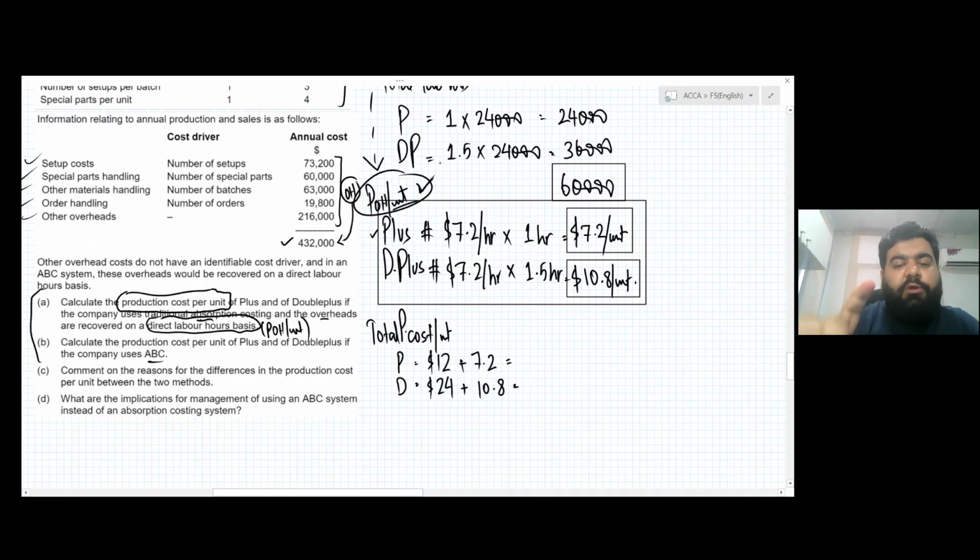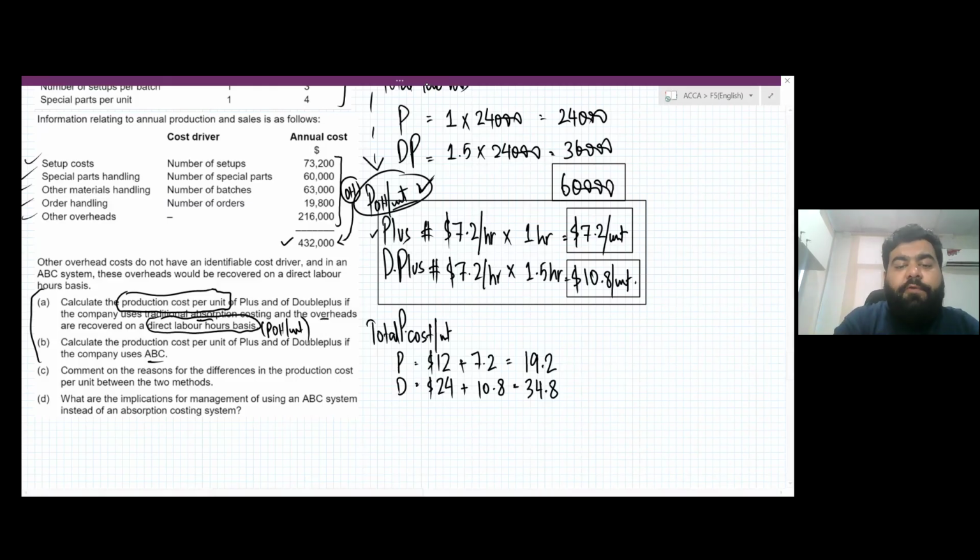We know in production cost, direct cost and production overhead both are included. So 12 plus 7.2 is 19.2, and 24 plus 10.8 is 34.8. This is the complete production cost per unit for both of the products.